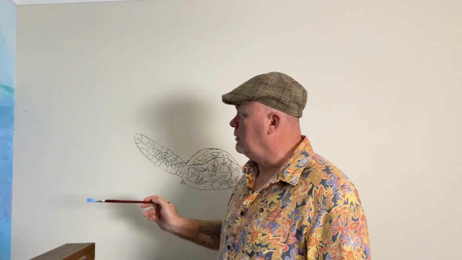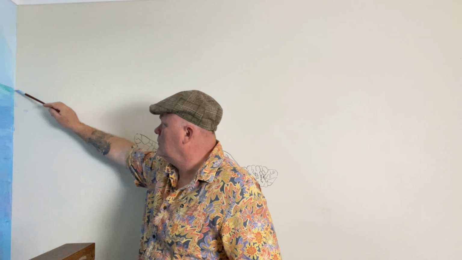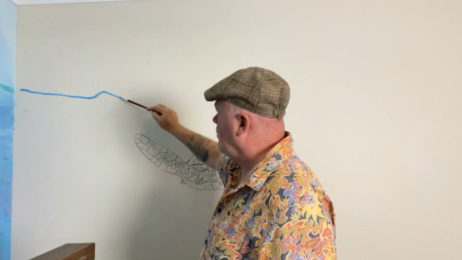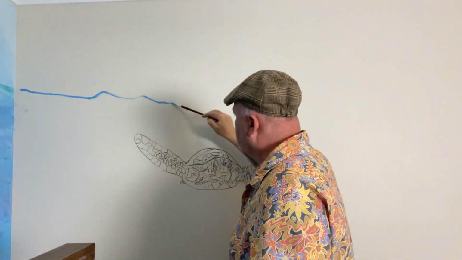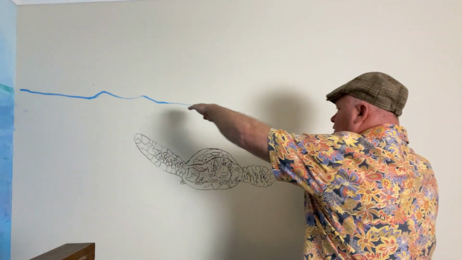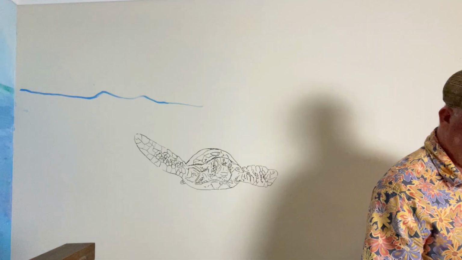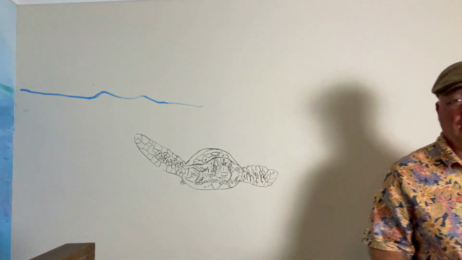Okay, so let's begin. We've got a little bit of a guide to go on. What I'm going to do is draw this horizon line just in there. Maybe a little bit of a wave coming up like that. Across. Overall, I want it to come down a little bit, just so it's got a nice curve.